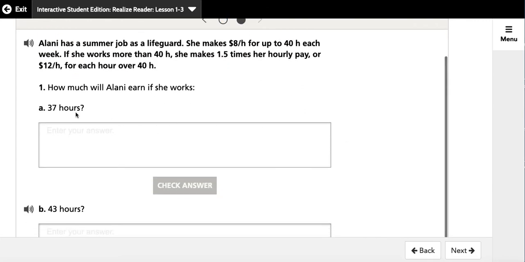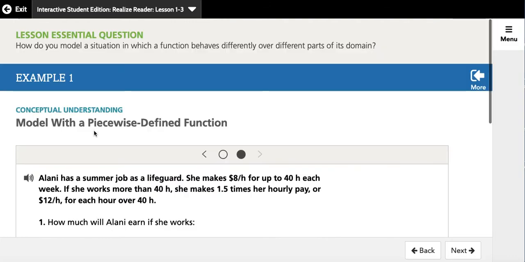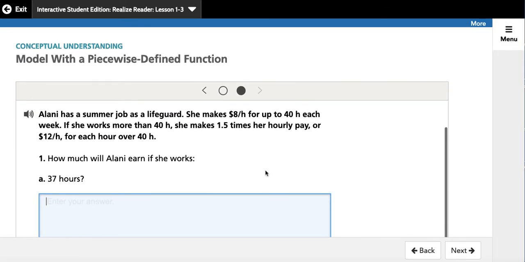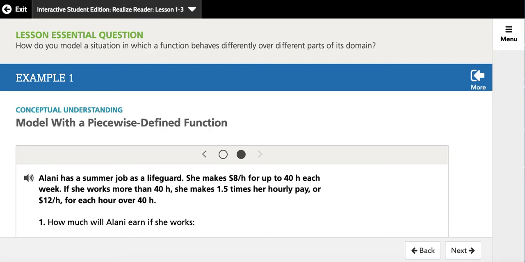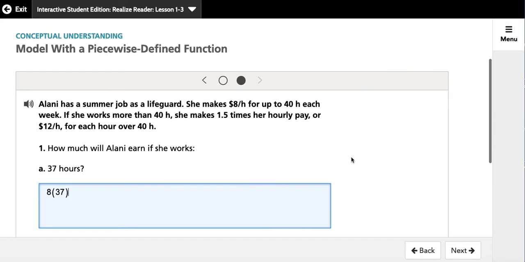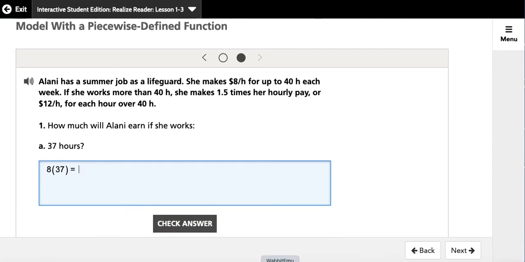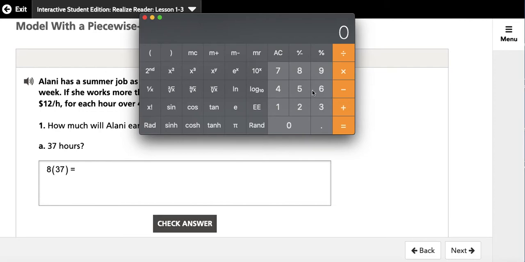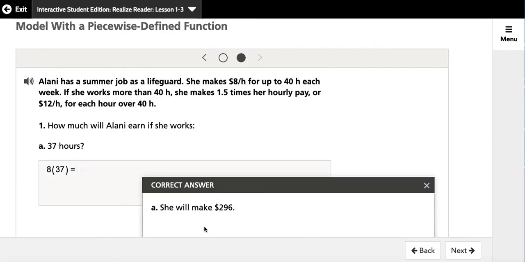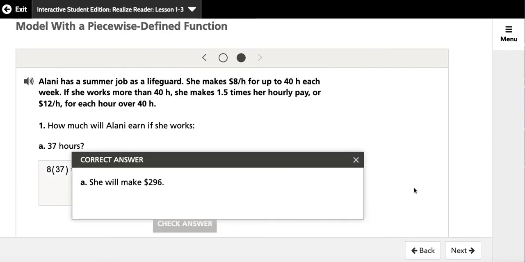All right, for 37 hours, we just plug it into the equation. It was 8x, right? So 8 times 37. And let's see what that is. 8 times 37. 296. Yep, 296.